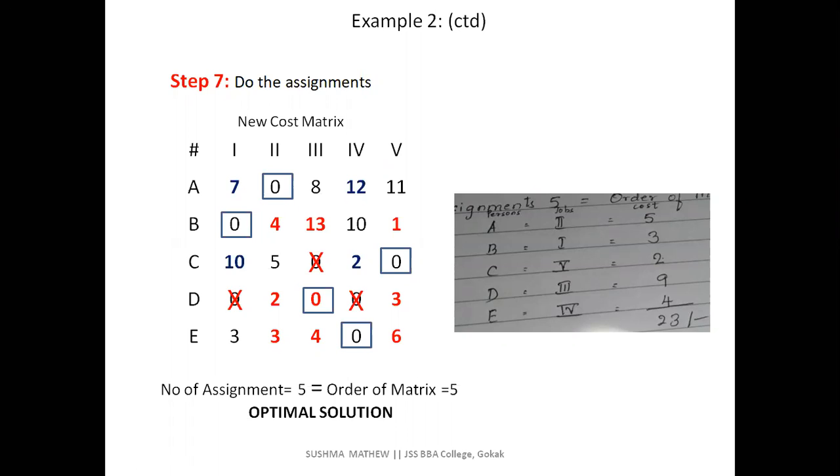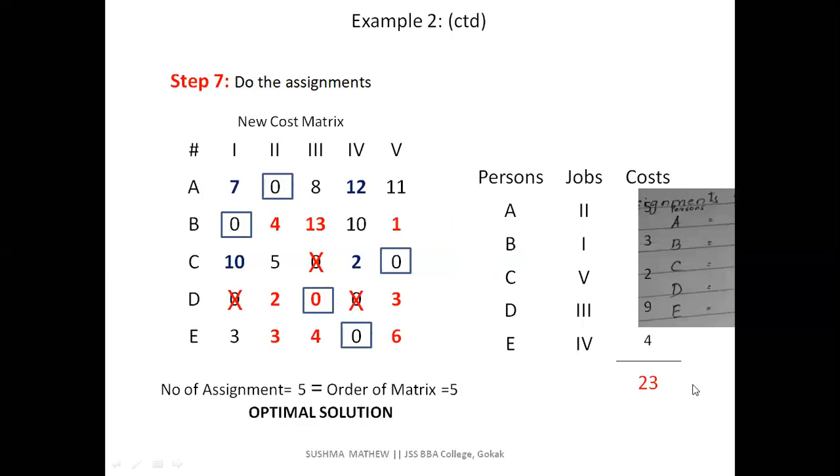Now this optimal solution doesn't end here. We should also continue till the last. These A, B, C, D, E are the people, and 1, 2, 3, 4, 5 are nothing but jobs. So you just have to make a column of A, B, C, D, E, like I have shown in the picture. For person A, we have assigned job number 2.